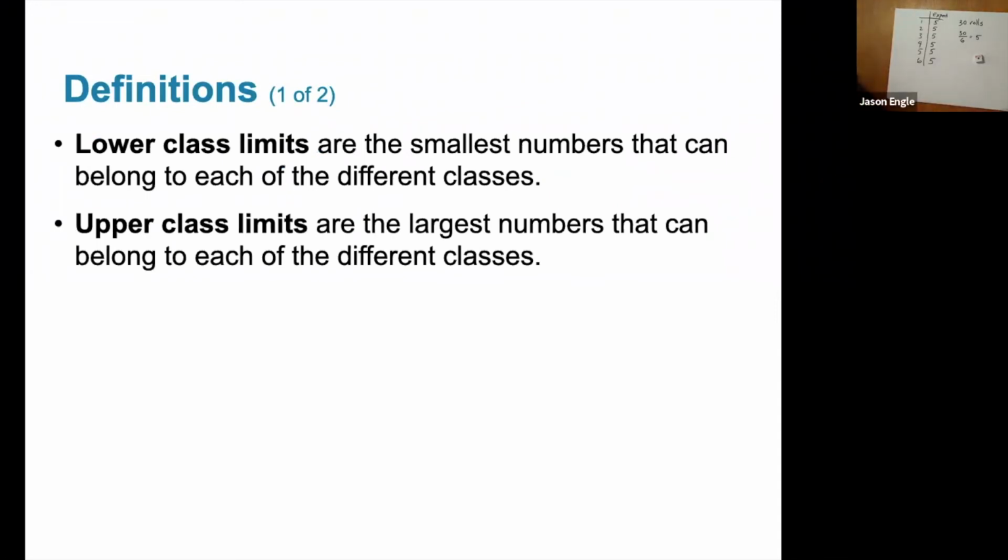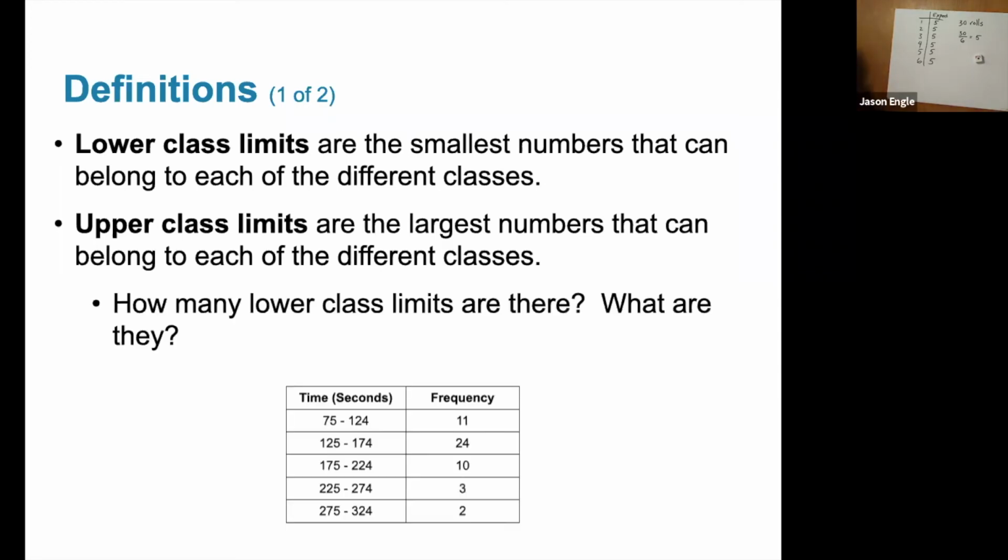In each of my classes, I have what's called the lower class limit. It's the smallest number that belongs to each class. The upper class limit is the largest number that can belong to each of the different classes. So if we come back to my frequency table, how many lower class limits are there? Well, the first class has a lower class limit of 75.